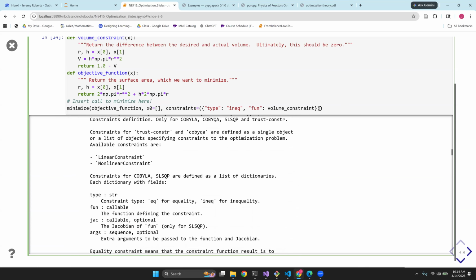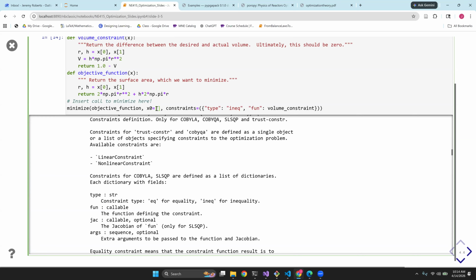Yep. Okay. So the last thing I need to do before trying the call is the initial guess. Now, we could put in an arbitrary number, but if we're willing to do a little bit of work, we can at least give the optimizer a feasible starting point, right?